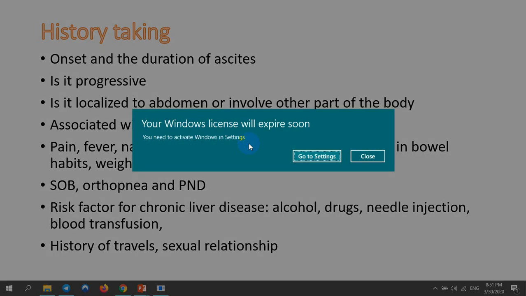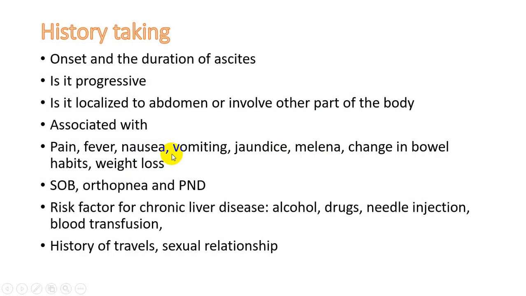And we should ask specifically about associated symptoms. If there is any pain or fever, which may signify underlying infection or peritonitis. Nausea, vomiting, meaning bowel congestion. If there is any jaundice or melena, which may signify chronic liver disease.